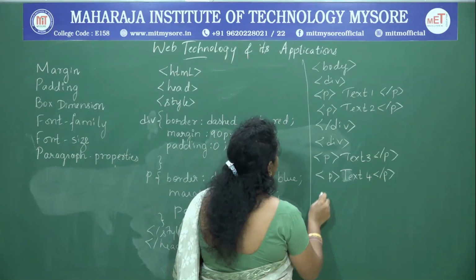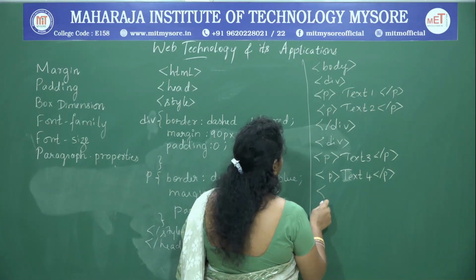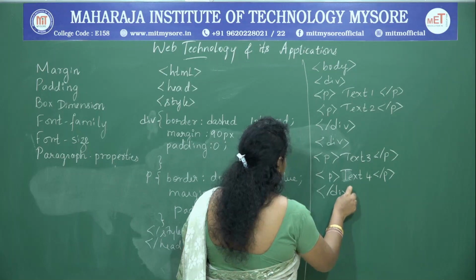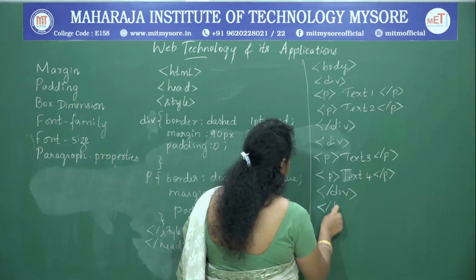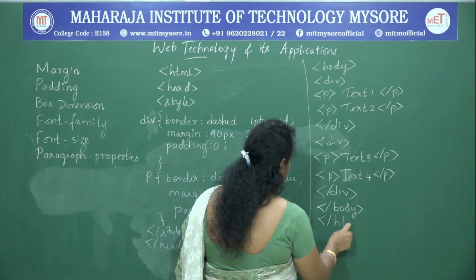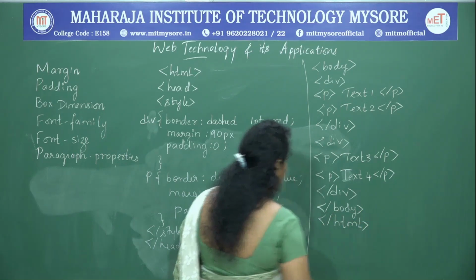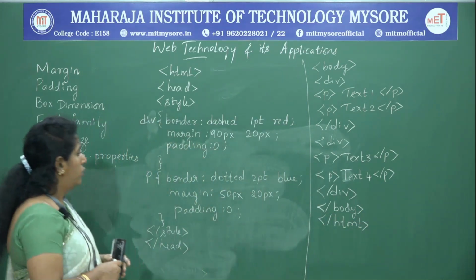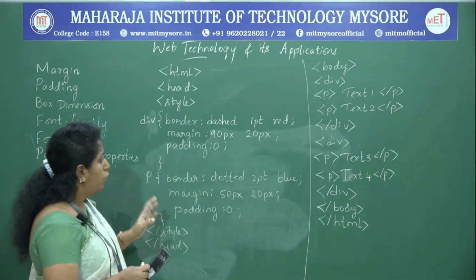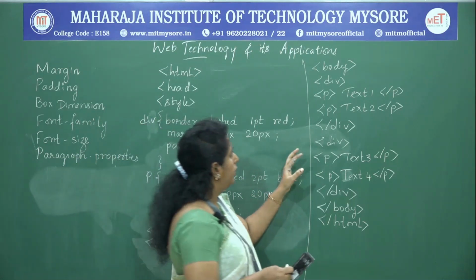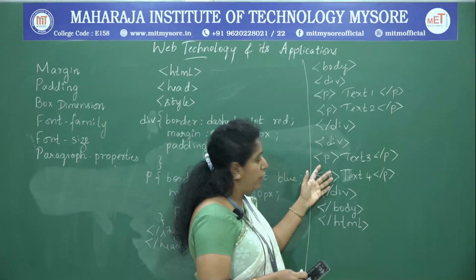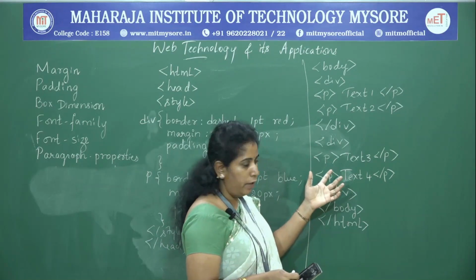Then close div, also close body and also close HTML. So now in this program, inside the body there is a div which consists of 2 paragraphs and one more div which consists of 2 paragraphs.